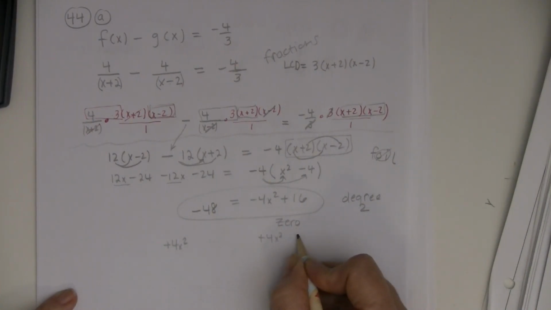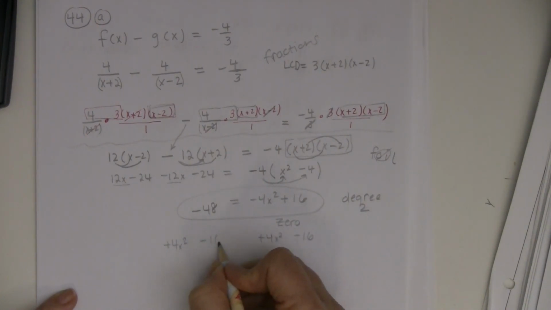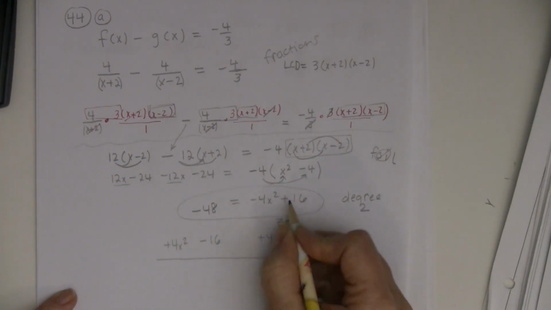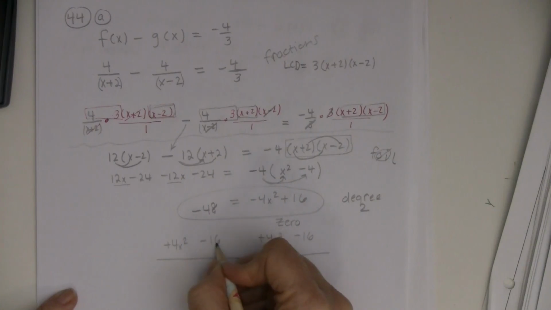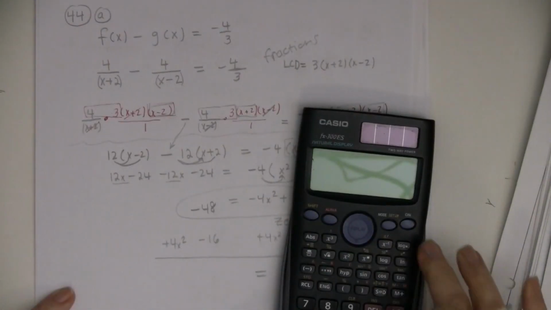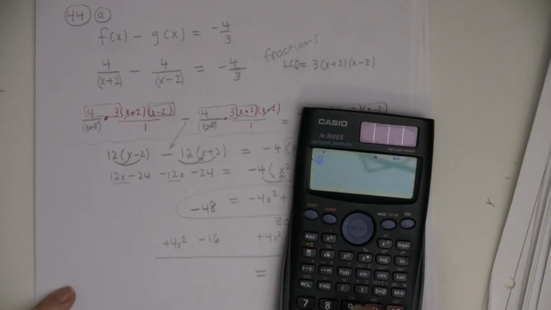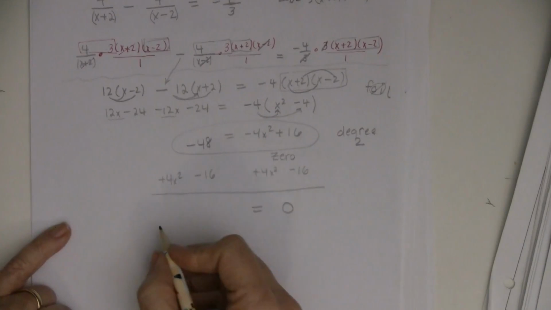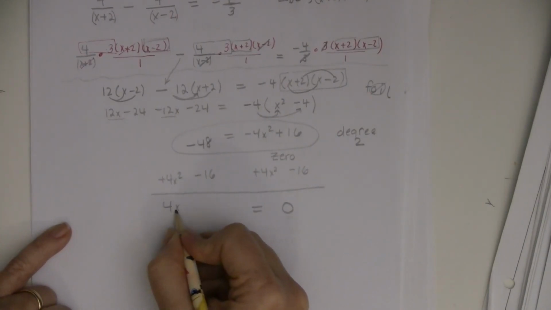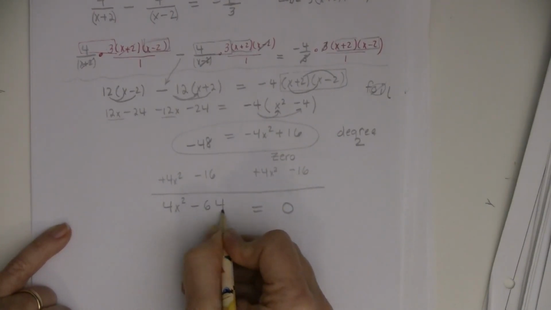And I'm going to take away 16, right? So that gets 0. And take away 16, take away 16, so that this side becomes 0. And this side is 48 and 16. So I'm going to add that with my calculator. They're both negative, so I really am adding, and it's going to be a negative 64. Okay, so this is 4x squared minus 64.